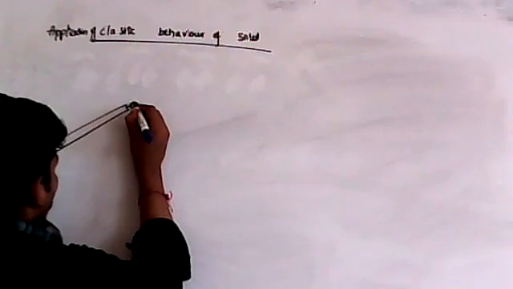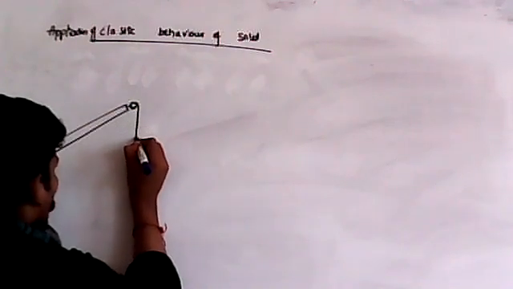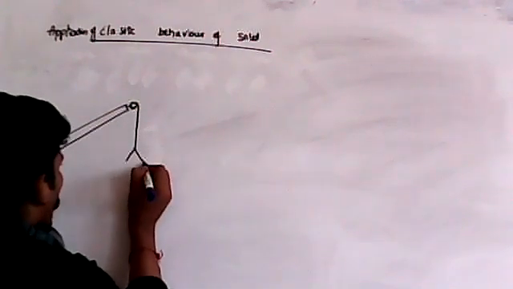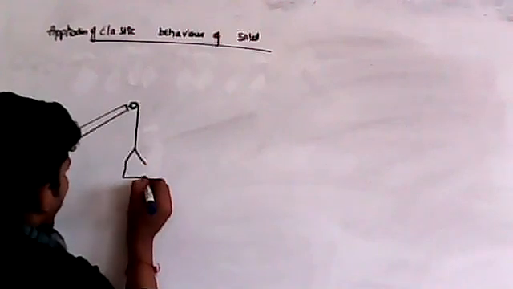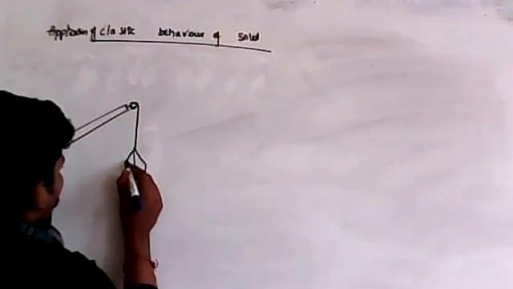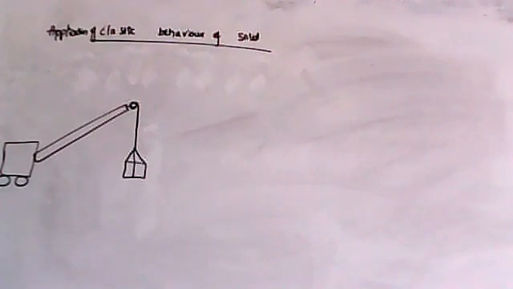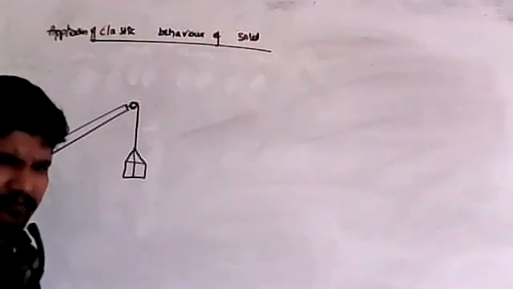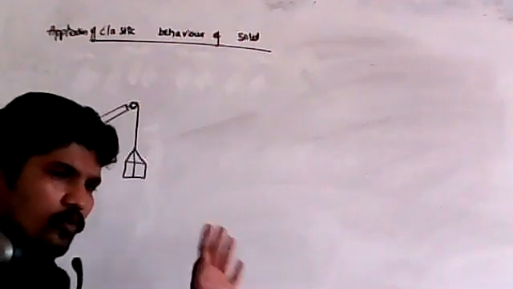Pulley means there will be one wheel, and this is the rope, and this rope is capable of lifting weight. But it has its own capacity.